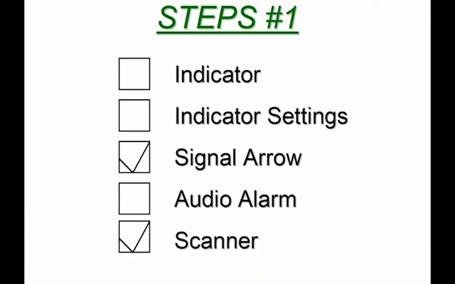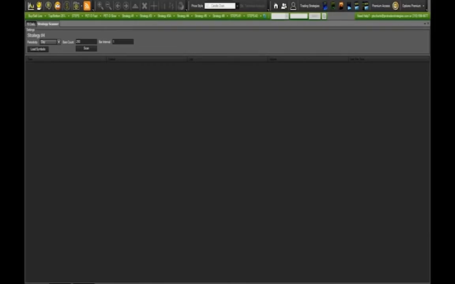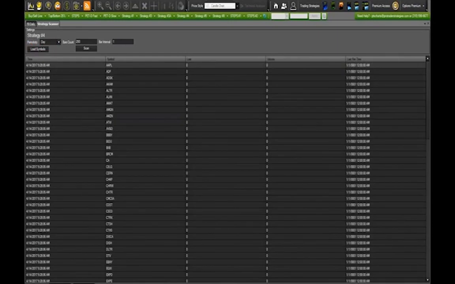For example, all you would do in the Steps drop-down menu is click on the scanner tab, and you'll see this window appear. If you look in the left-hand corner, you see load symbols. We provide you with symbol lists such as the NASDAQ 100, the S&P 500, the top ETFs. You can even create your own symbol list. Once you click on that list, it will automatically appear on the screen.